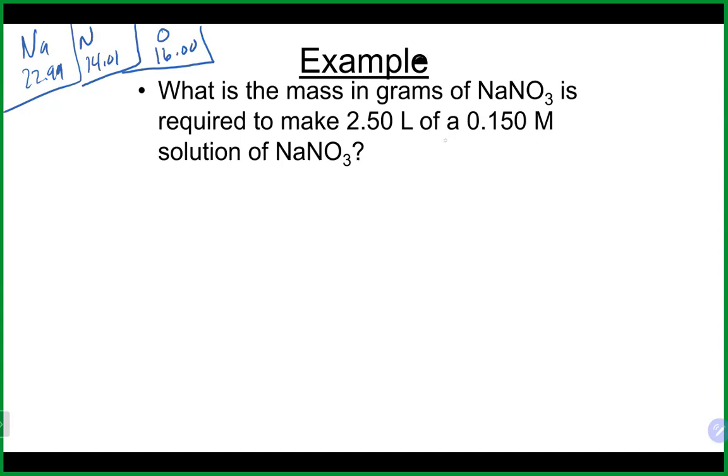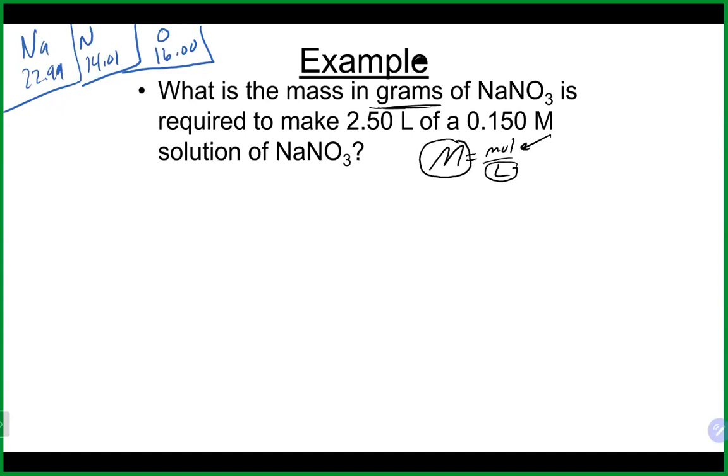So once again, we're obviously dealing with molarity here, which is moles per liter. We are looking for the grams. We are given the volume, so we have that guy. We are also given the molarity, which means we have that guy. So again, it would make sense to solve for moles because once we have the moles, we again can use the molar mass to go from moles to grams like we've done before.